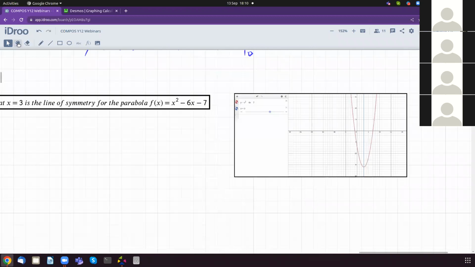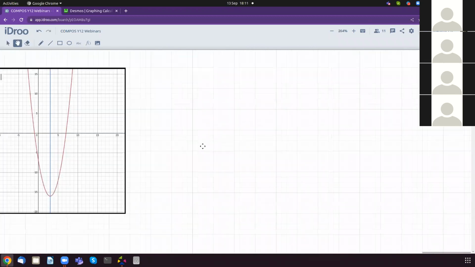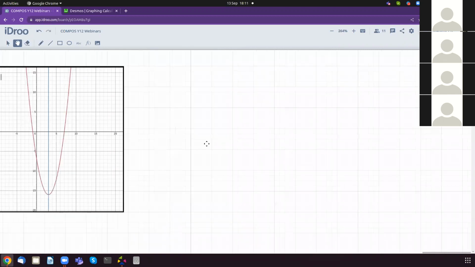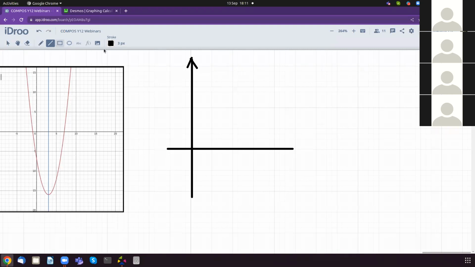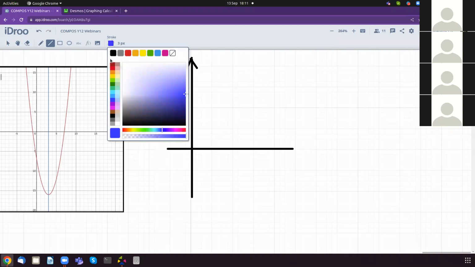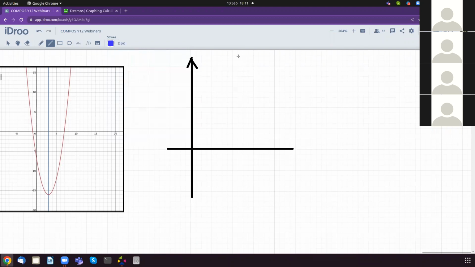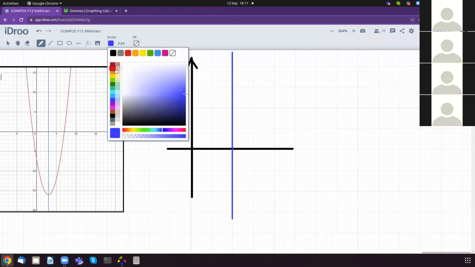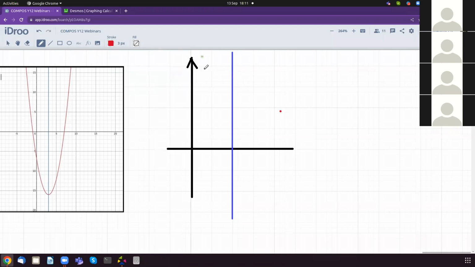Well, let's say you have a line of symmetry, and you have a graph. Let's say the graph looks like this.